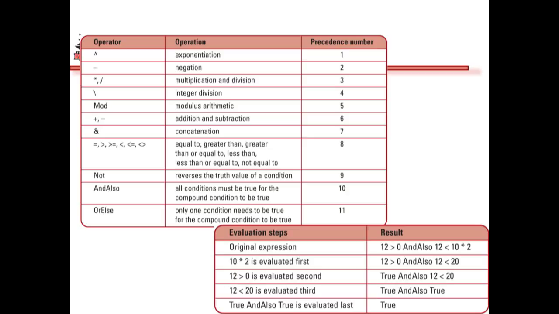So NOT comes first, then AND, then OR. And some examples are given at the bottom, showing how they are evaluated. So if you have that expression, the multiplication is evaluated first, then your comparison, and then finally your AND.